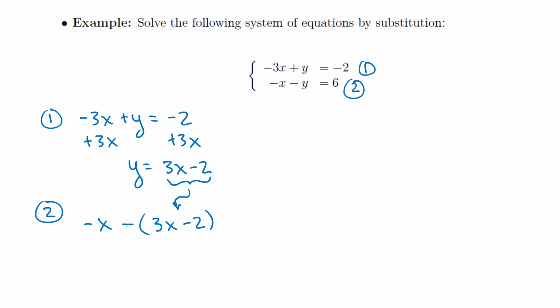That way this subtraction sign applies to both of those terms. So negative x, and remember what we want to do here is apply the negative to both of these. If you want to wedge a 1 in here, that's totally fine, if that is helpful. So it'd be minus 3x plus 2 is equal to 6.